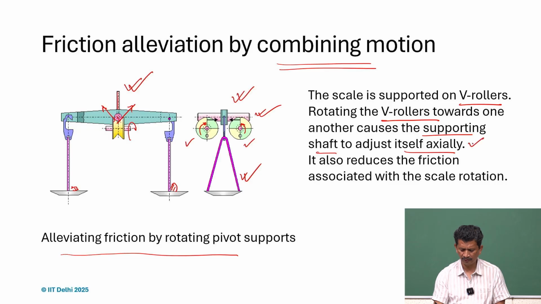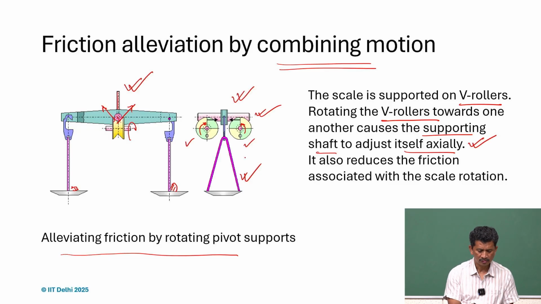So a very good design. What it also does, because it's rotating in this way, is that the friction force acts in this direction, one component, mind you, one component, but at the same time, if it's swinging, that component is also there. But primarily, because these V rollers are now rotating, the friction force is in this direction, plus or minus direction.